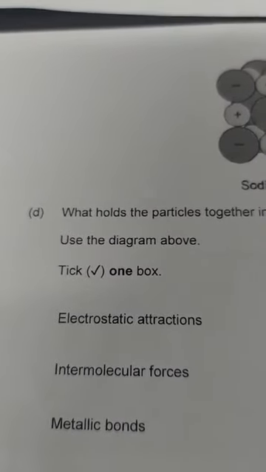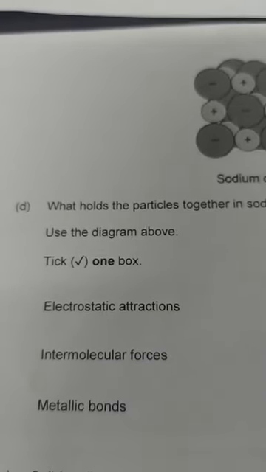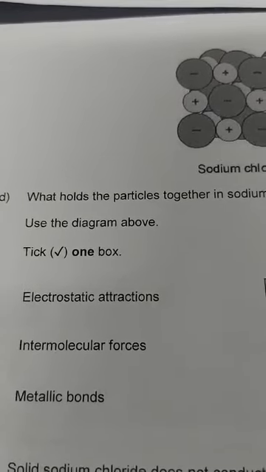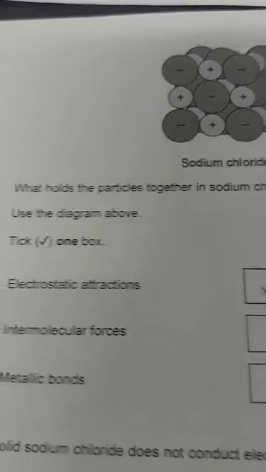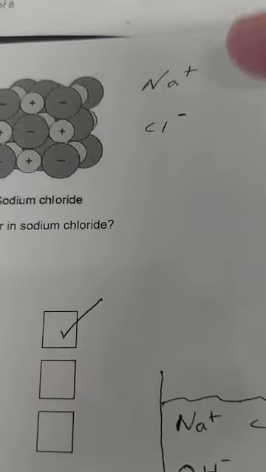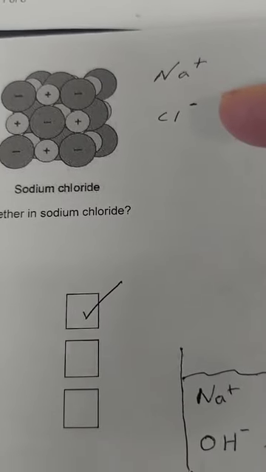Don't tick 2 boxes, don't tick 3, tick 1. Because if you tick 1 or tick 2, you will get no marks for that question. And the answer is electrostatic attraction, because we've got positive and negative. Positive and negative attract each other.